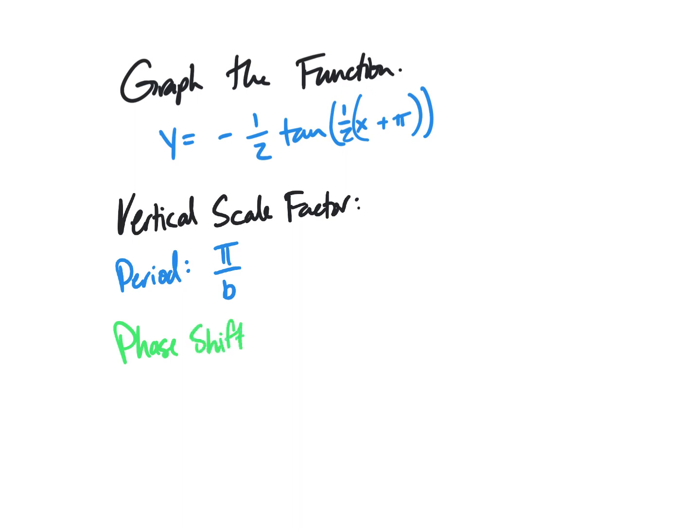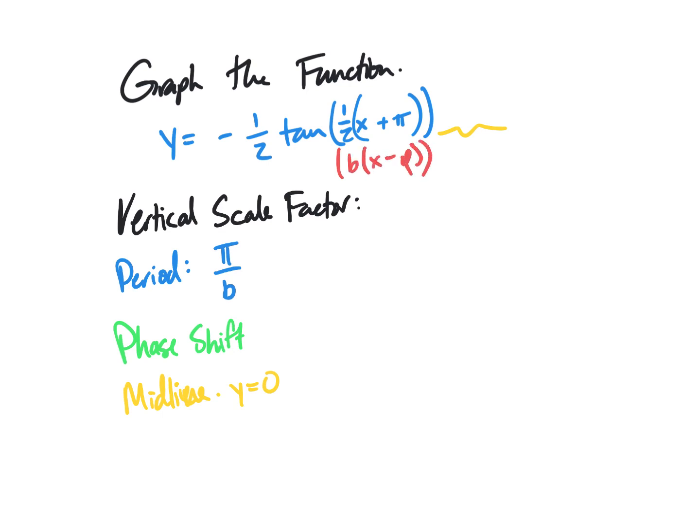And then we have a midline as well. Okay, so there's no shift on midline because I don't have a value out front or in the back. So I'm going to say y equals 0 for midline. This one already is in the form b times x minus phi.